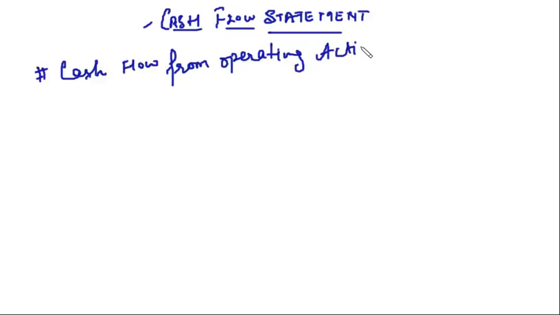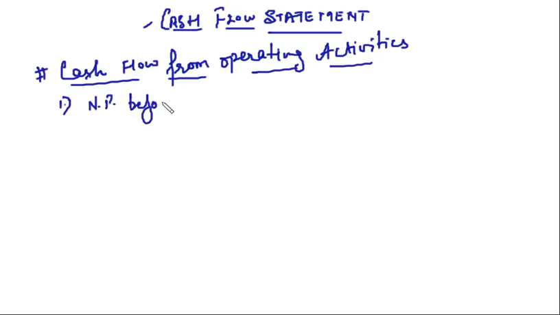In this, what we have is first the net profit before taxes and extraordinary items.